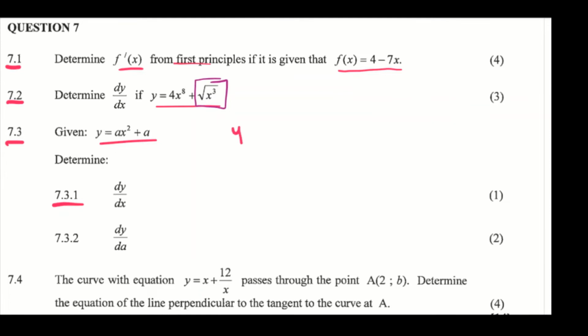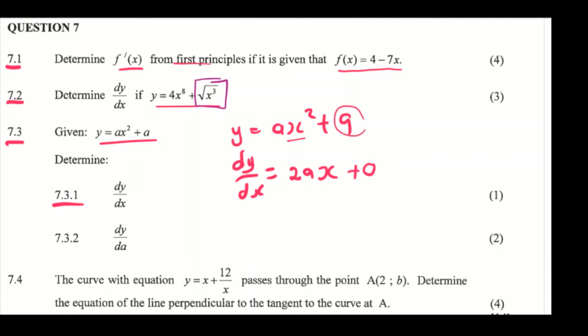You have y equal to ax squared plus a, and to find dy over dx, you derive this x squared, which would be 2ax plus 0, because this is a constant. So dy over dx is equal to 2ax. So this is the final answer for this one here.